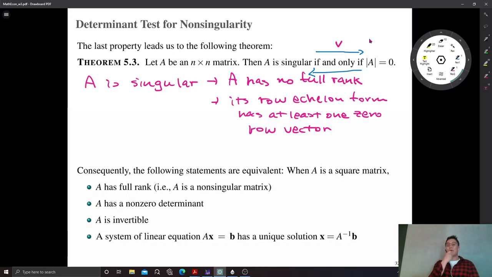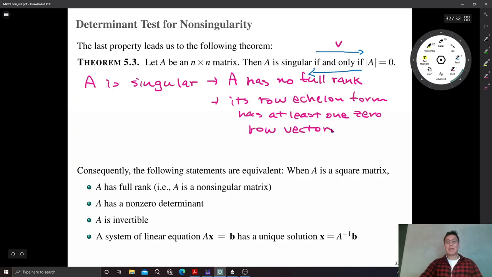So in the case of an n by n matrix, if the row echelon form has a zero row vector, then the rank of the matrix is going to be n minus 1, so it does not have full rank. So singularity implies the row echelon form has at least one zero row vector.